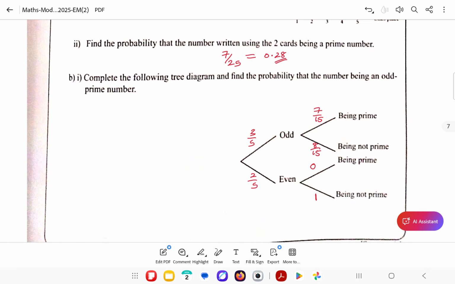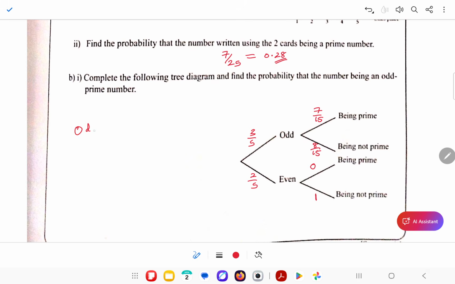Right. Complete the following tree diagram and find the probability that number be an odd prime number. Probability of odd prime. So first odd, so 3 over 5 into 7 over 15. Odd and prime.